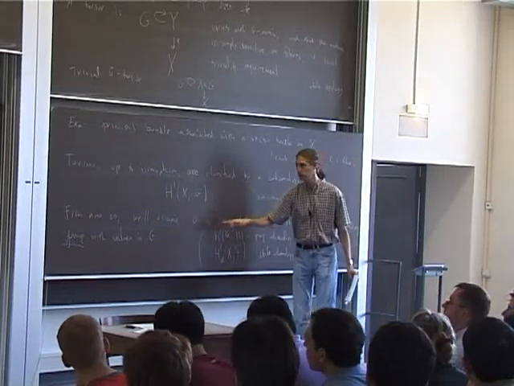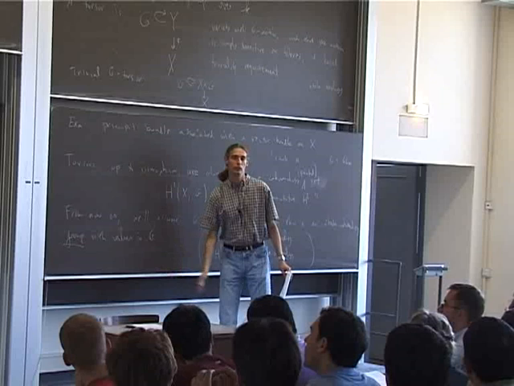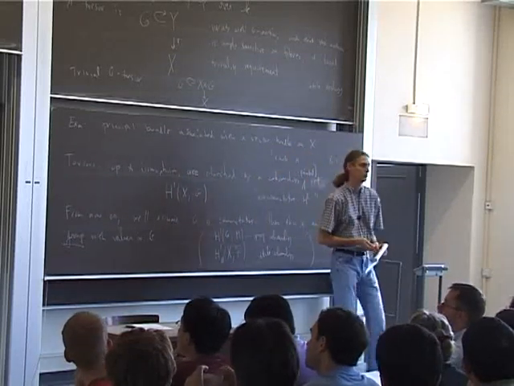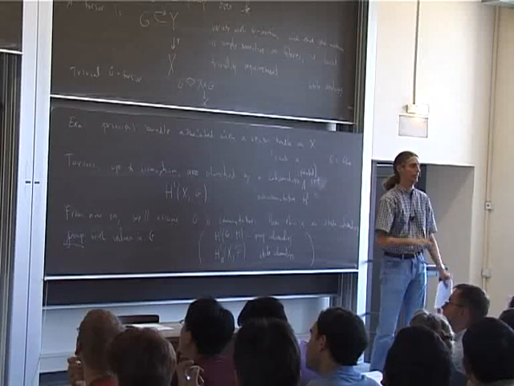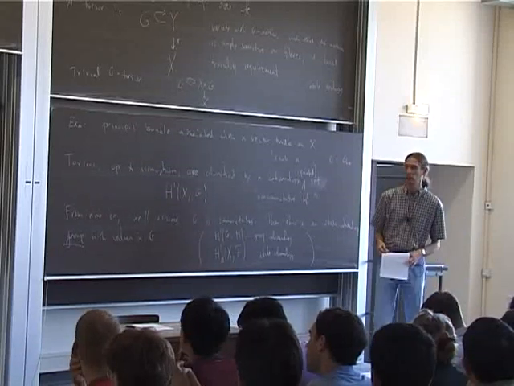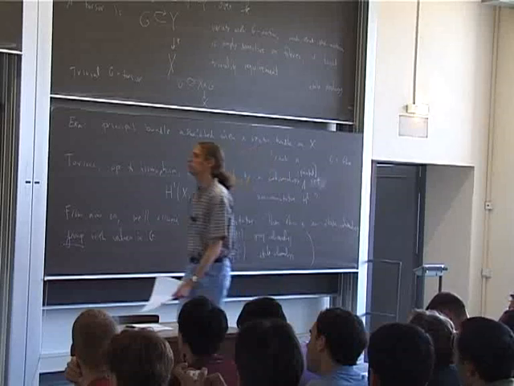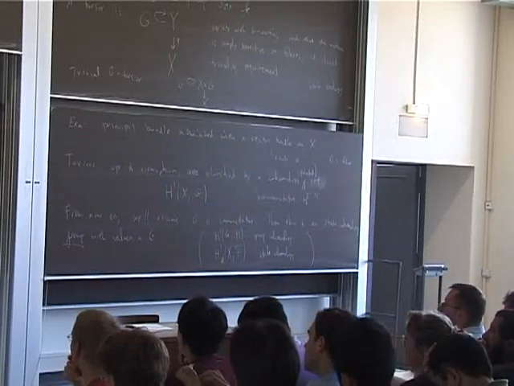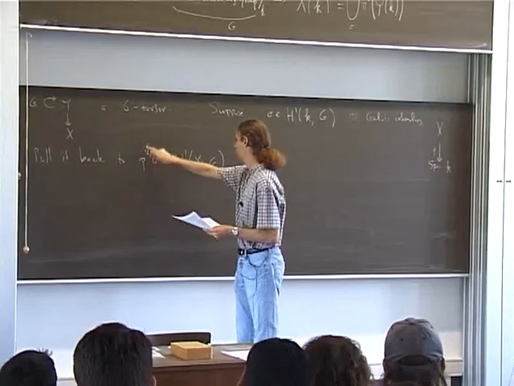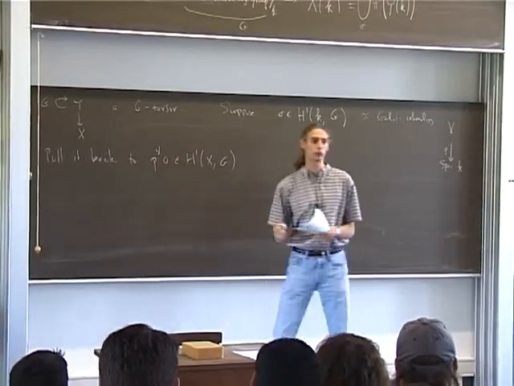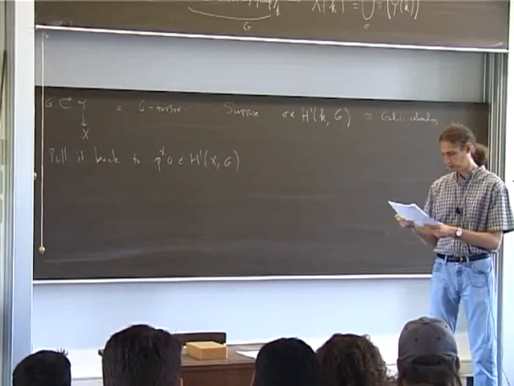Now, when G is commutative, then it's a group, and so you can add. You can take one G-torsor, another G-torsor, add them somehow and get a third G-torsor. That's what I want to do here. I want to take this G-torsor and combine it with an element of H1, which corresponds to a G-torsor.